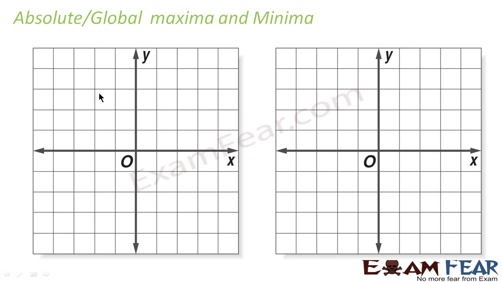Let's learn absolute maxima and minima. As I told earlier, absolute maxima and minima is defined in the closed interval where we know what our domain is. In this case, the critical points are, one, my endpoints. These things I discussed earlier, I'll discuss once again.